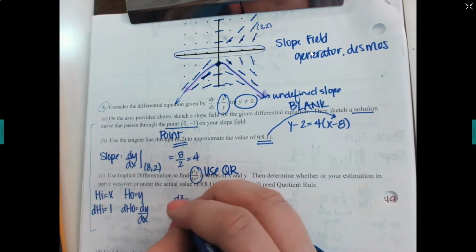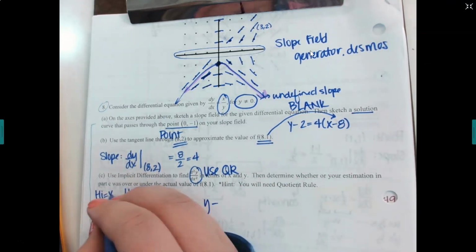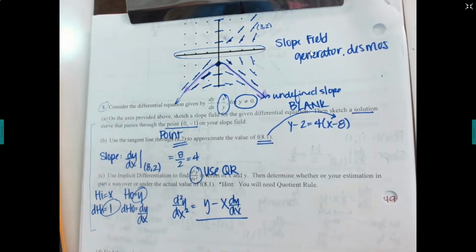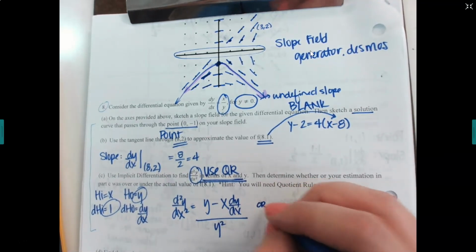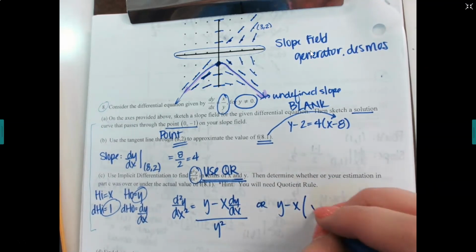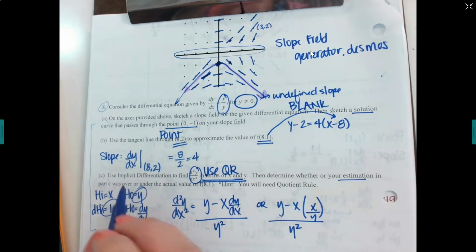So your second derivative, d squared y dx squared, is going to be ho d high, so 1 times y, minus high d ho, x dy/dx, over ho squared, which is y squared. In terms of x and y means I can't leave it like that, so I would write it as y minus x, and then dy/dx is x over y, squared.